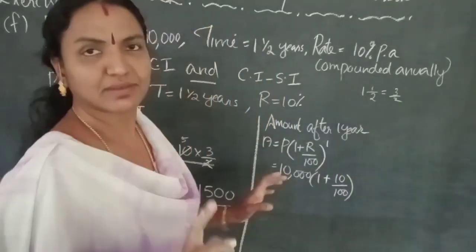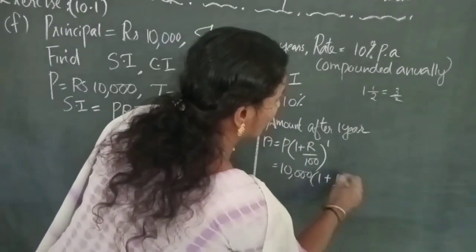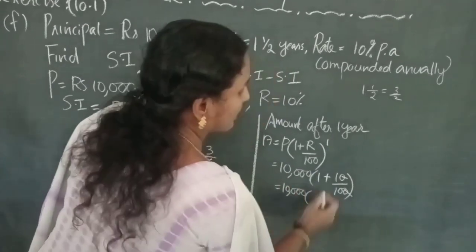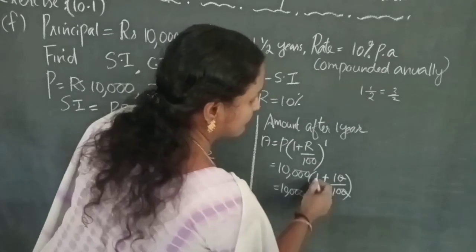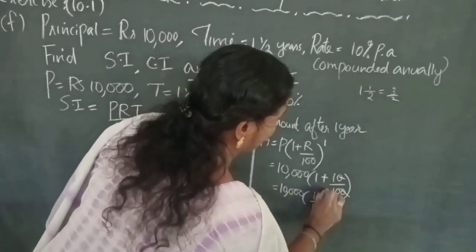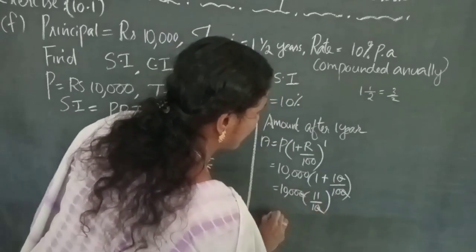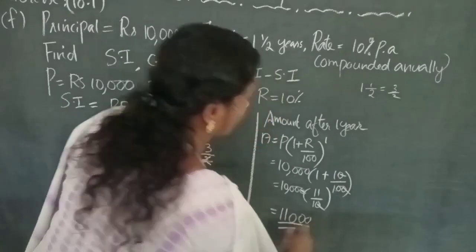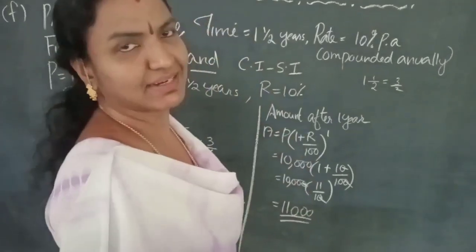The whole power 1 means that number. So 0 and 0 cancel. So 10,000 into 1 plus 1 by 10. So by applying cross multiplication, 10 plus 1, 11 by 10. 0 and 0 cancel. So 1,000 into 11, 11,000. So the amount is 11,000.